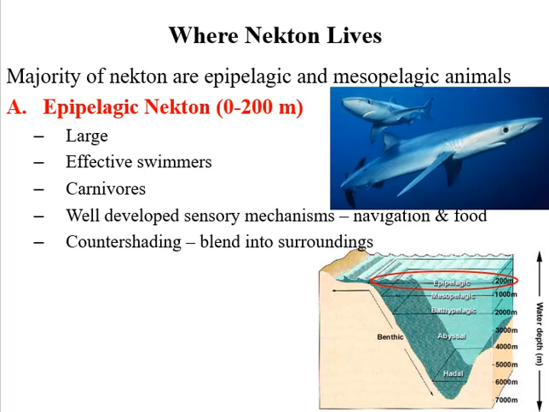But what do you need to do if you're up in the epipelagic? This is where you find most of the larger marine vertebrates that are nekton. They're usually big. They're effective swimmers, or efficient swimmers, one way or the other, either swimming fast or very efficiently. Most of them are carnivores.